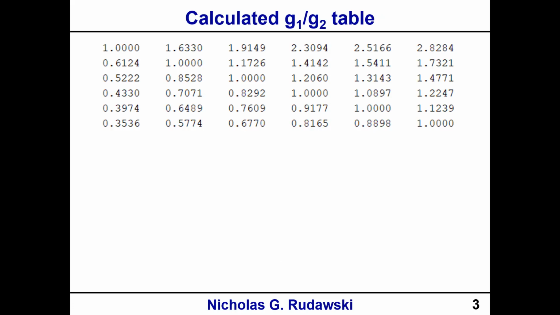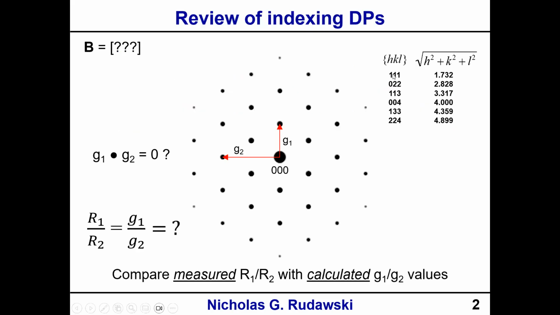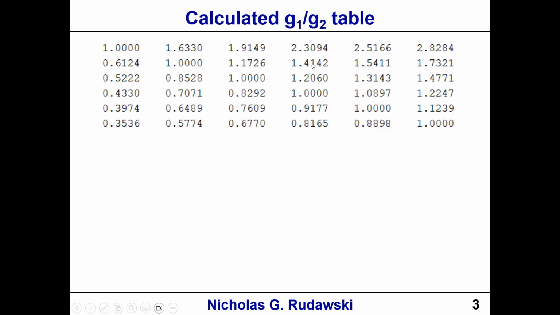If we look at the first column, we are starting with the assumption that G1 is equal to the first G vector in the G vector list. By first, I mean the shortest one. That would correspond to this one right here, the 1, 1, 1, with this relative G vector length.